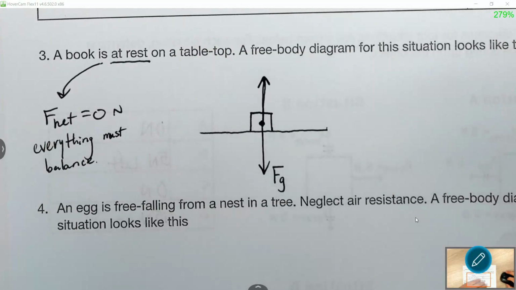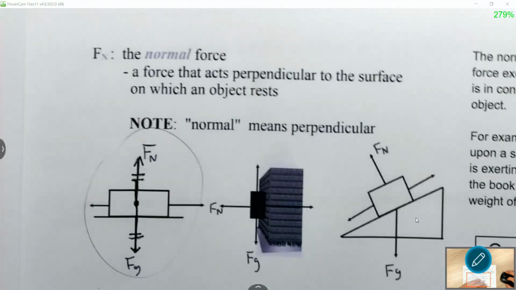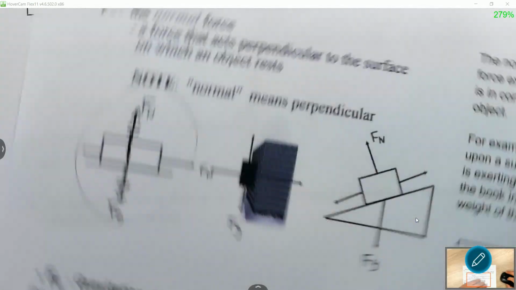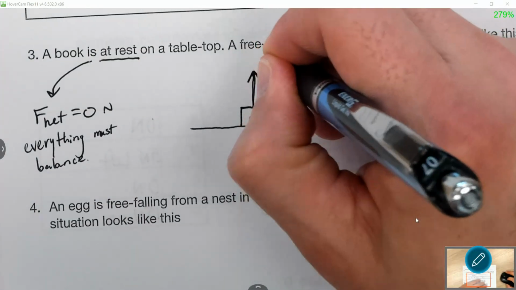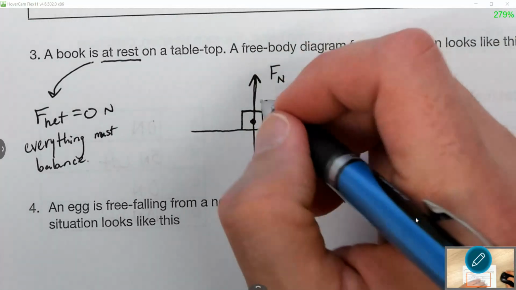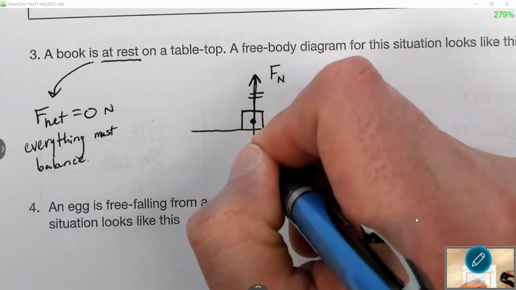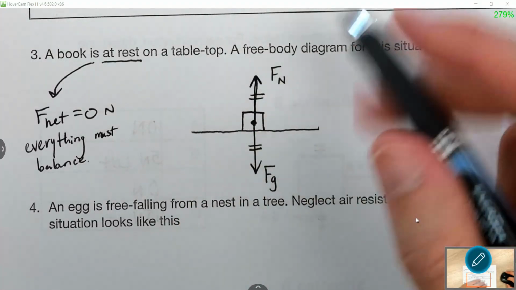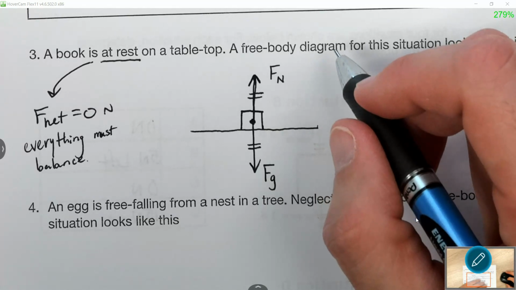It's on a flat surface, so we would use the normal force, Fn. So it would be Fn that goes up, and we want to show that they're equal, so how do we do that? We're going to put a little equal sign through both. And that would be your first one, okay? And that is it.